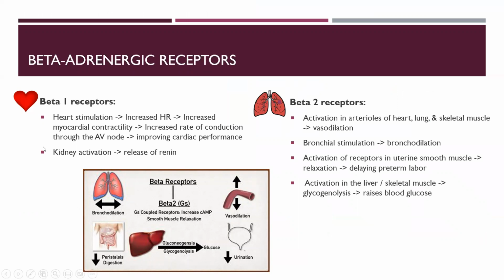So the way I always remember my beta-1 receptors is I only have one heart. So what happens with this is it causes heart stimulation, which causes increased heart rate, increased myocardial contractility, increased rate of conduction through the AV node, causing improved cardiac performance. So all of this leads into cardiac things.